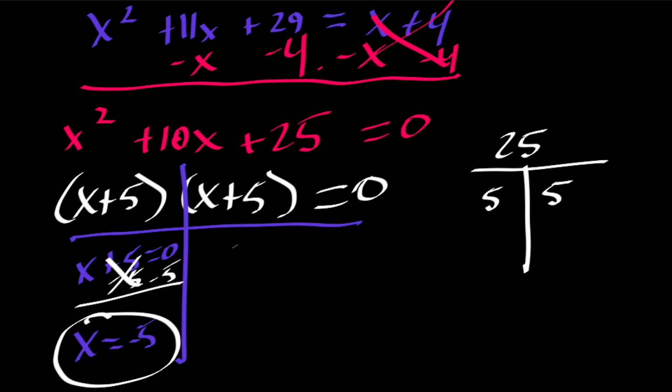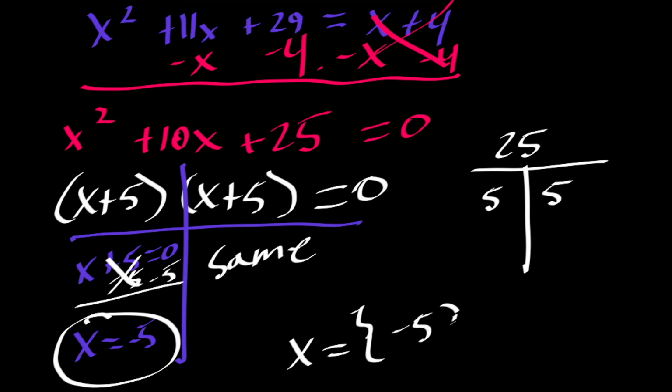Now, if we do this other side, it's going to be the exact same. So I don't write my answer and say x is equal to -5 and -5, because -5 is -5. So we only need to write -5 once. So this quadratic only has one answer, which happens from time to time.